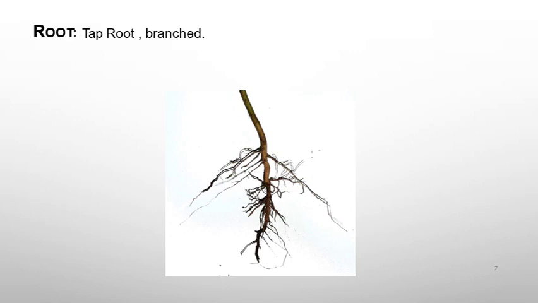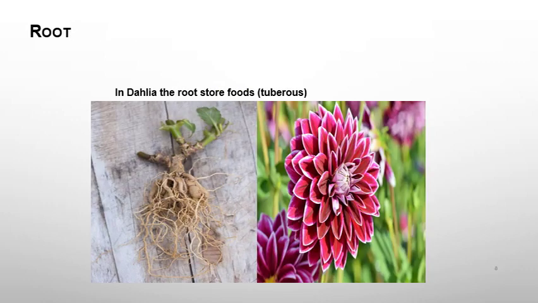The root of this family members is taproot. So it exhibits a taproot system, but in some cases it exhibits a fibrous taproot due to the storage of food in this region, as in the case of dahlia.